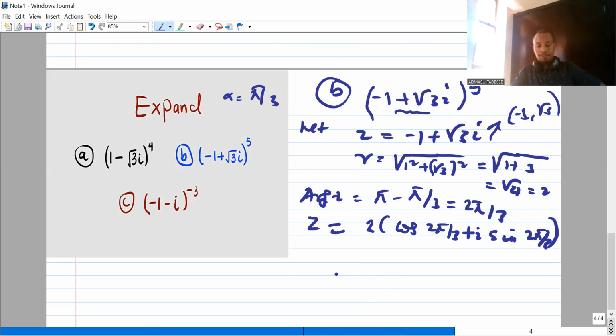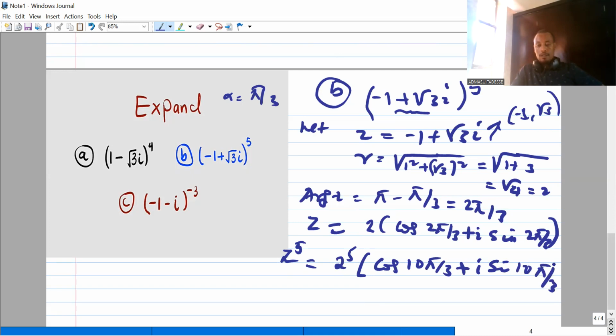But what we are asked to find is z to the power of 5, right? z to the power of 5 is 2 to the power of 5 into cos of 10 pi over 3 plus i sin 10 pi over 3. 2 to the power of 5 is 32.